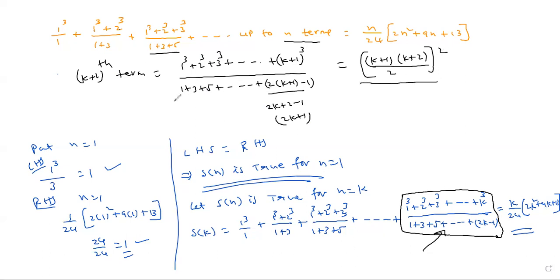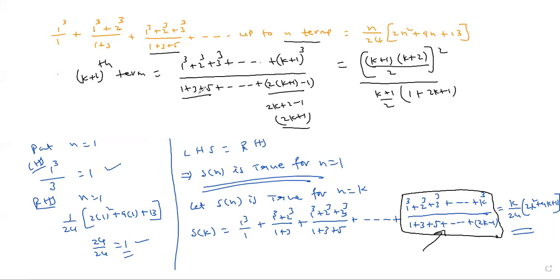By the denominator, the sum of the odd terms. Use the AP series formula. So in the AP series formula, what can you get here? n by 2 of, right? n by 2, where n is 2k plus 1. Total how many terms are there? Into A plus L. First term is 1, L is 2k plus 1.